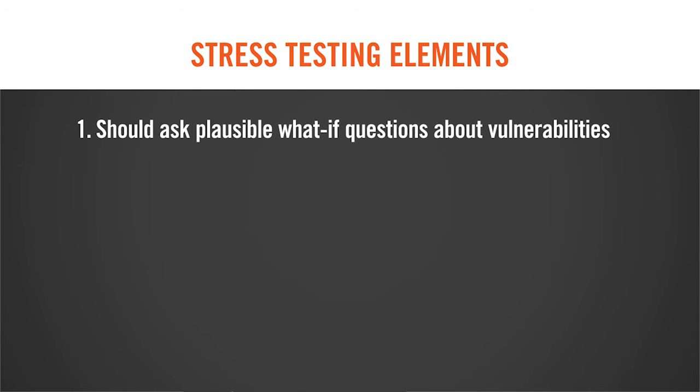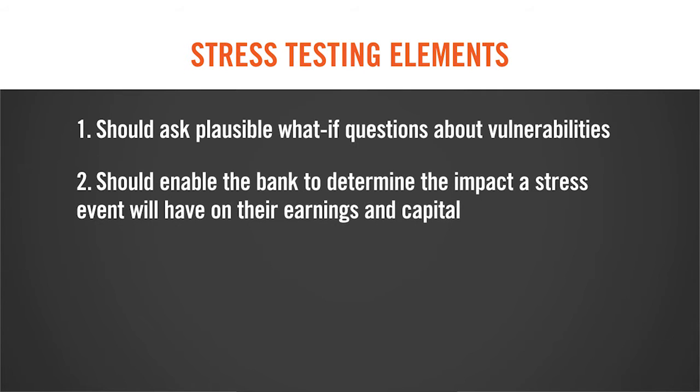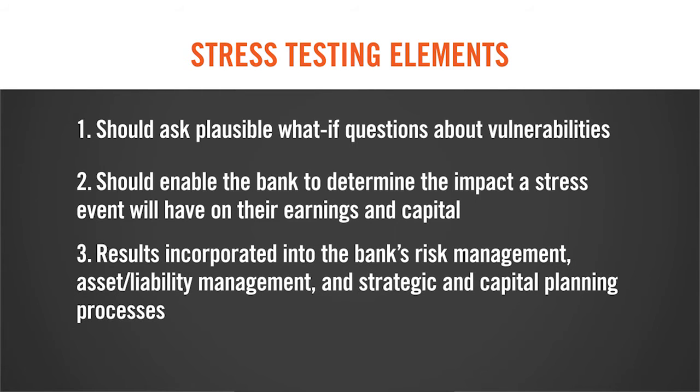It should ask plausible what-if questions about key vulnerabilities. It should enable the bank to make a reasonable determination of how much impact a stress event might have on earnings and capital. And the resulting analysis should be incorporated into the bank's overall risk management, asset liability management, and strategic and capital planning processes.